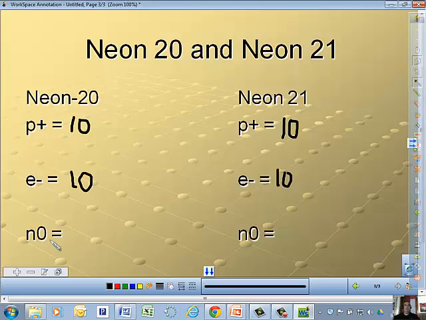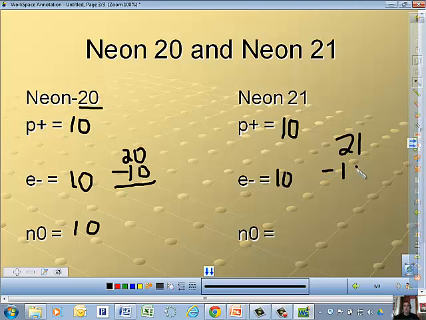Now, to find the number of neutrons, we take the mass number, and on this one here, it's number 20. We're going to subtract away 10, and when you take 20 minus 10, you end up with 10 neutrons. Over here on this one, the mass number is 21.